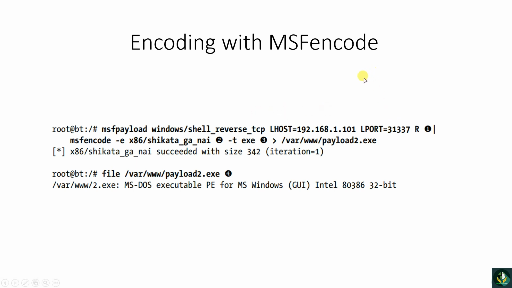We specify the architecture, x86 here, and tell MSFencode to send the executable output with -t exe. Then it will go to this directory, and finally we run a quick check here to ensure that the resulting file is in fact a Windows executable. As you can see, it is .exe.